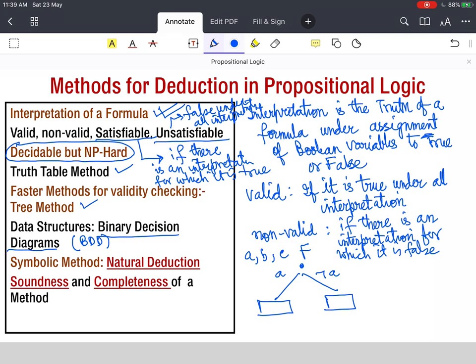Determining the truth, identicality, and canonicity is all simply done by binary decision diagrams. There are also other methods, which we shall see later, using satisfiability and unsatisfiability methods. We can also do it symbolically using axioms.